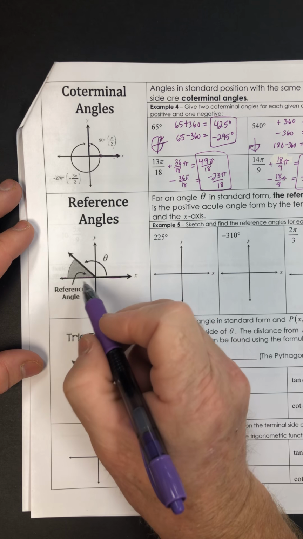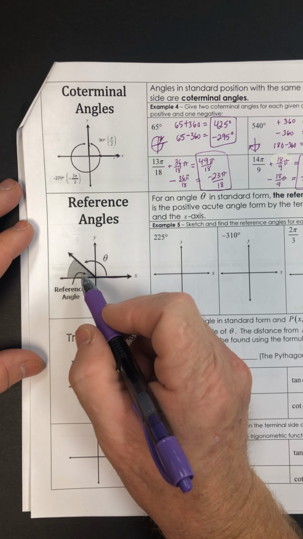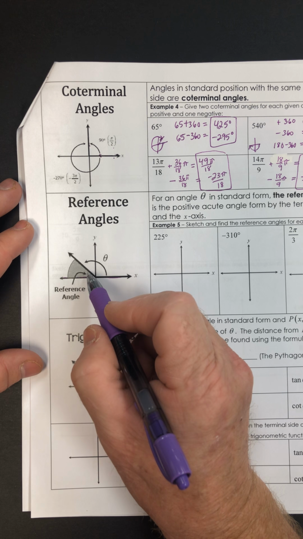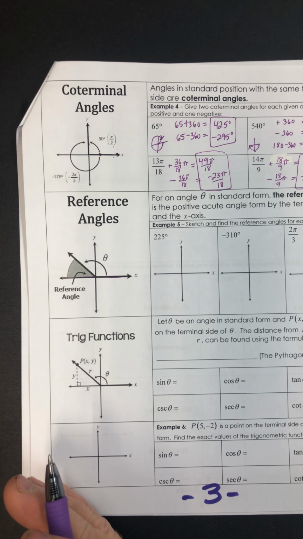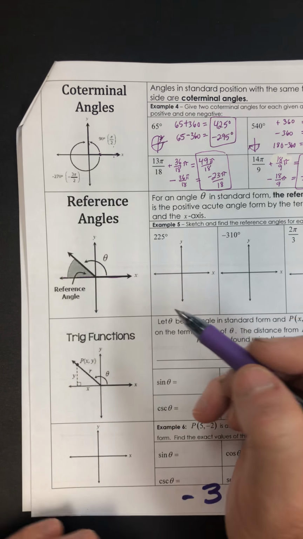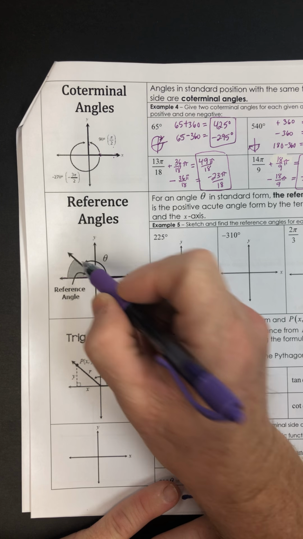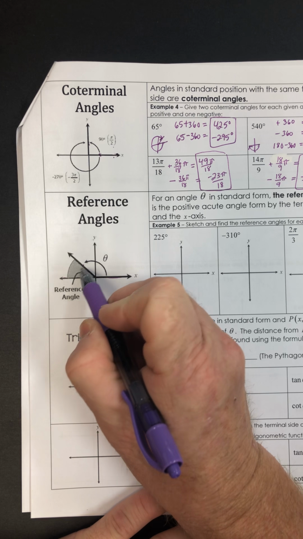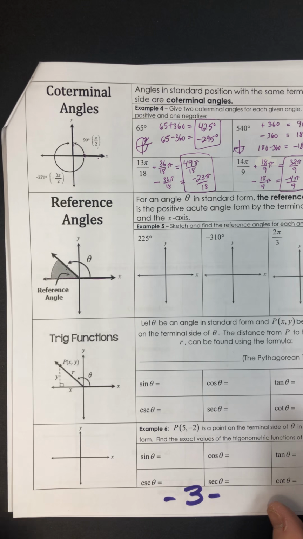The shortest route from the x-axis to that terminal side is your reference angle. So it's going to be acute, less than 90, and it's going to be in one of these 4 quadrants depending upon your angle. So if we draw this one, all the way to here, then from x-axis to there is my reference angle. And we always use the positive angle measure value for the reference angle.